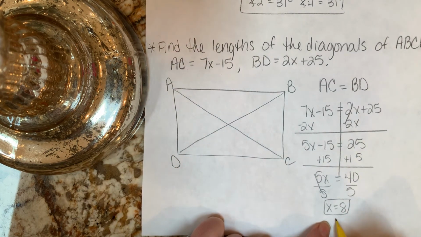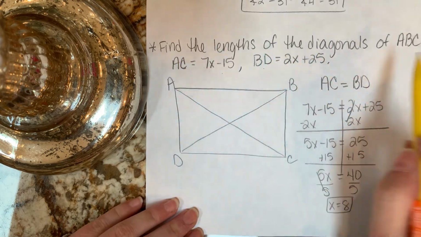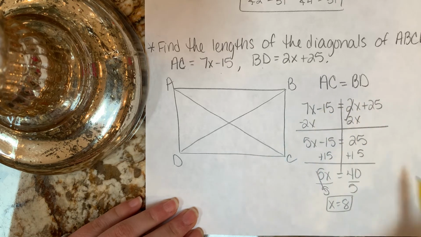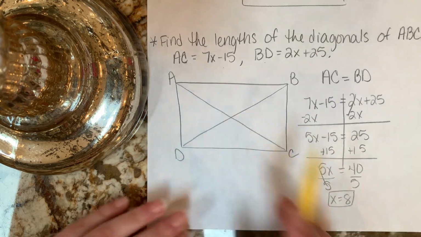Now, that's not my final answer. x equals 8 is what x equals, but they want the lengths of the diagonals. Since they're equal to each other, they must be the same measure. So we substitute x into our expressions from the top.